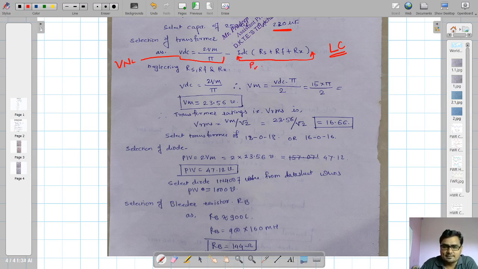The current flows through RS, RF and RX also, so we have to subtract that much voltage drop from VNL.